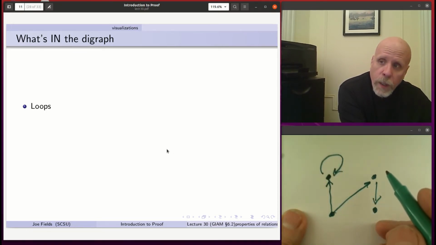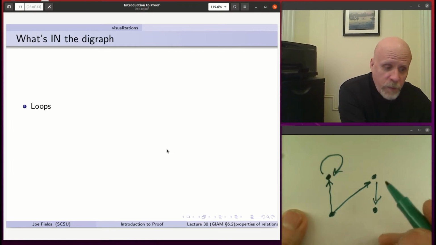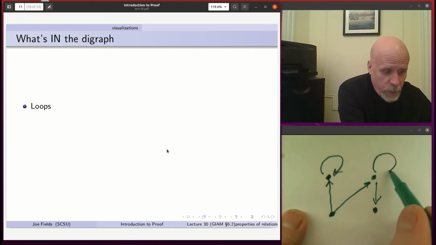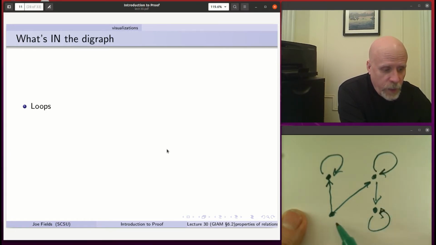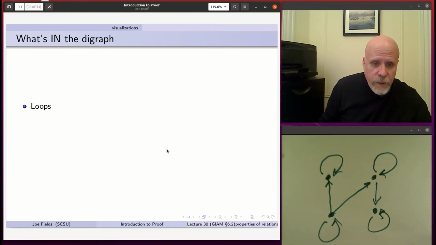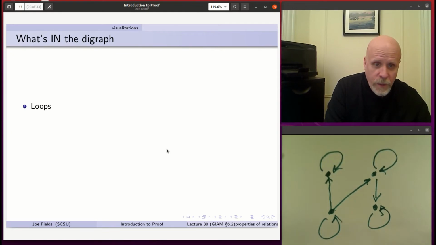The reflexive property is universally quantified: over every element, there's supposed to be a connection from it to itself. So you'll get loops everywhere. I have just created the digraph for a reflexive relation. I have no idea what that relation is, I didn't even label the nodes. But if you see loops everywhere, you've got something that's reflexive.